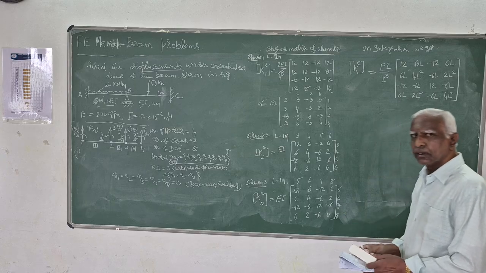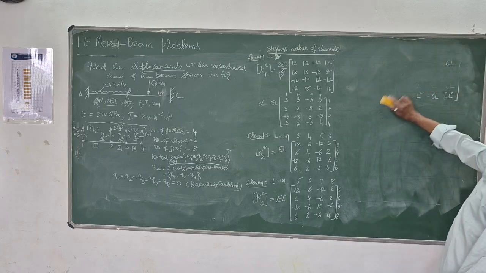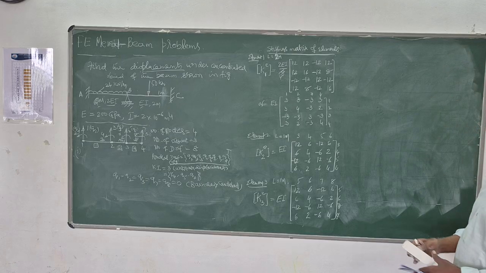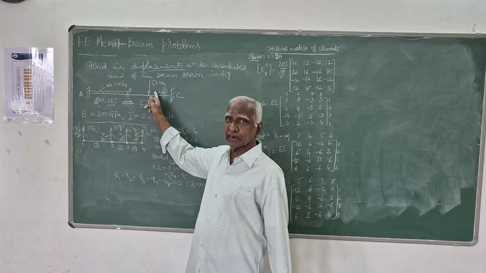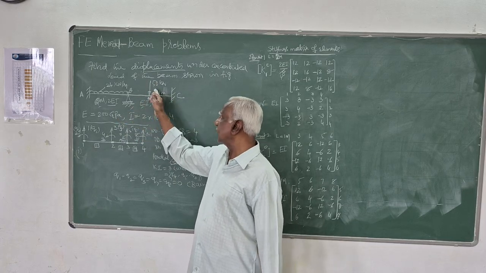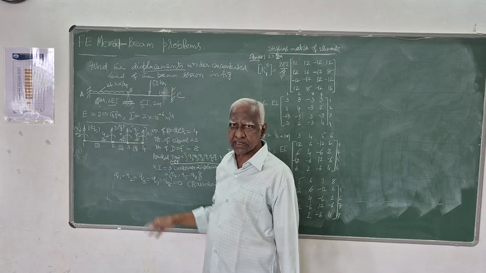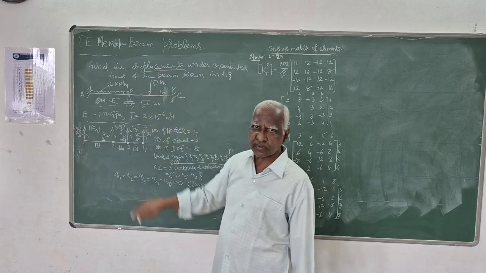You have to do this carefully. You have to write the element stiffness matrix. So the first step is very important. Wherever there is a change in the load, or if there is a concentrated load or moment, there also you have to select a node.